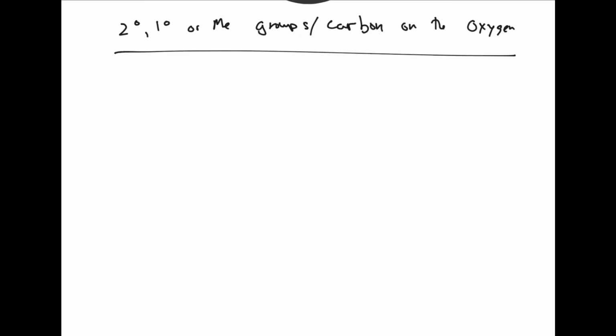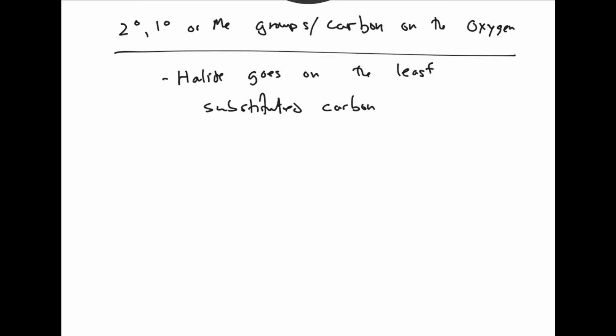So if you have secondary, primary, or methyl carbons on the oxygen, the halide goes on the least substituted carbon.